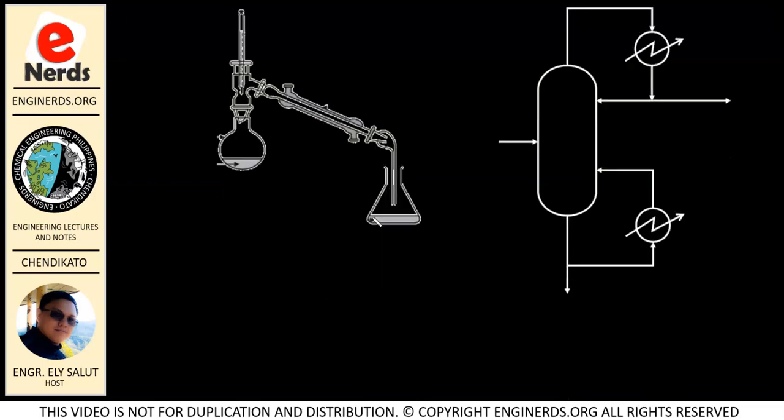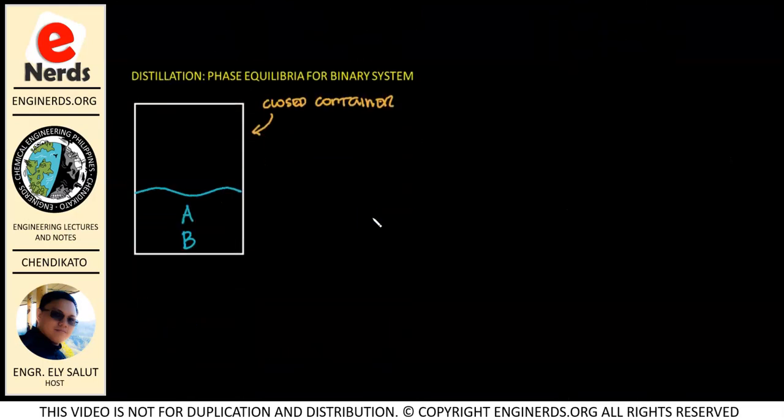Okay, so now we're going to identify these two components based on their volatilities. The volatility of our component A and our component B are different. So of course, one of them has a higher volatility and the other has a lower volatility. So let us say our component A is our more volatile component. Let me write that here, more volatile component.